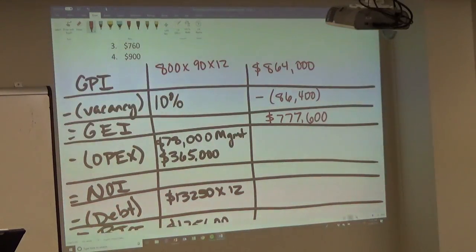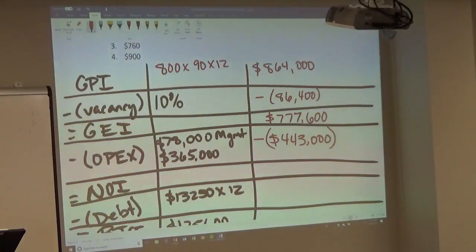And if we total those up, $78,000 plus $365,000, my total operating expenses are $443,000. So we come back, and that's a minus, of course.